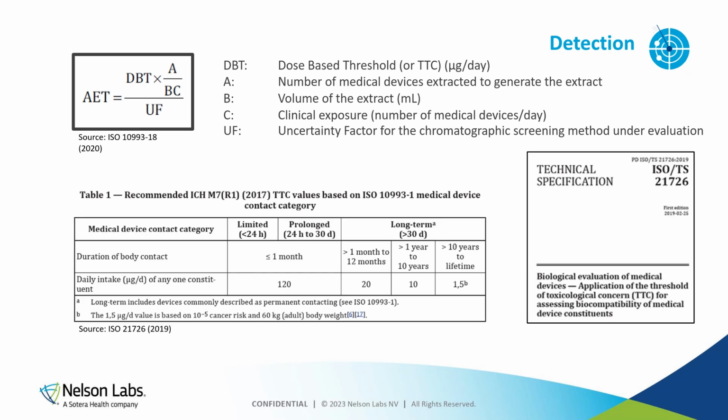Now, to know which DBT or TTC you should use, there's an additional guideline, namely ISO 21726, and in this guideline there's a table specifying the applicable TTC based on the duration of body contact. Depending on the contact, you need to use 1.5, 10, 20, or 120 micrograms per day.